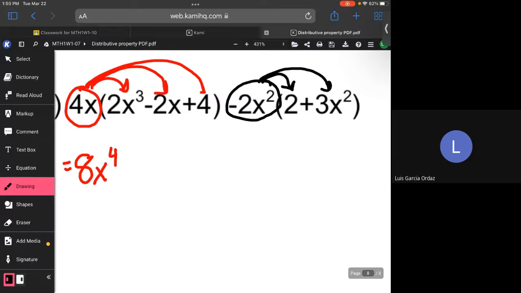What does that give me? Minus 8x squared. And what's 4x times positive 4? 16x. Perfect. So we got our first bracket out of the way.